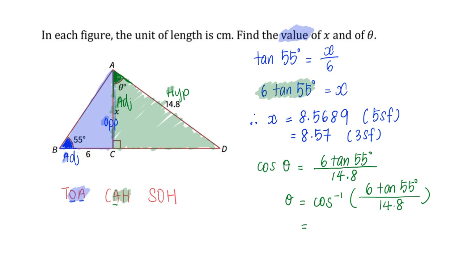This will give me 54.621 to about 5 or 6 significant figures. Since this is an angle in degrees, 54.6 to 1 decimal place. Again, since we are talking about value, I do not put down any units, alright? And let's move on to the next question.